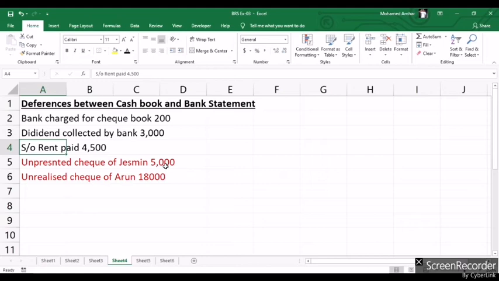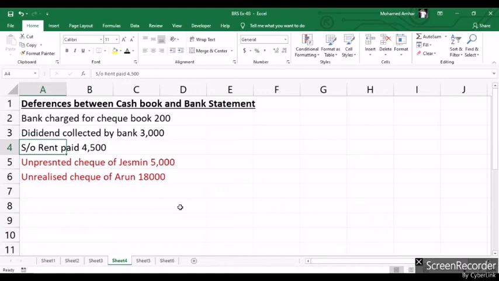As the business has issued the check, the business cash balance is less, and as the bank has not yet paid money for this check, the bank balance is more. So these are correctly recorded in the cash book, so we need not adjust the cash book.